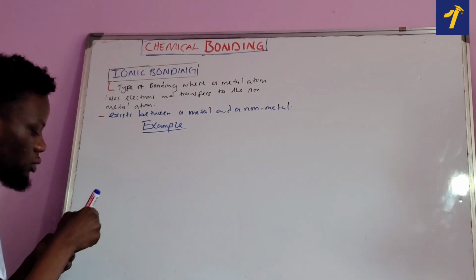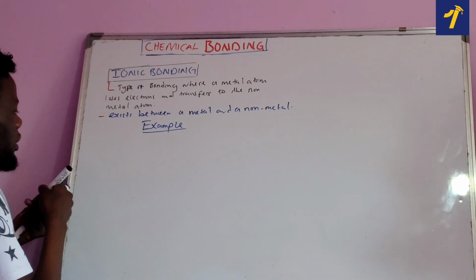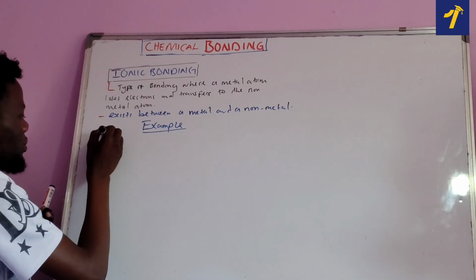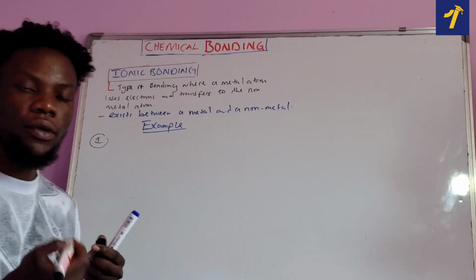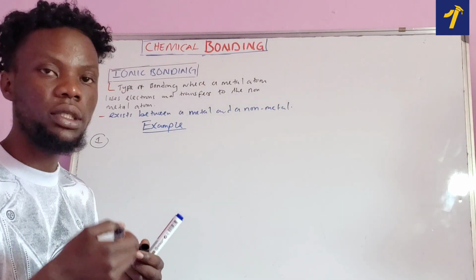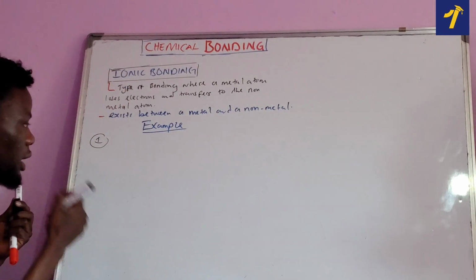They are going to ask you to show the first good example. Let us start with what? They are going to ask you to show the ionic bonding that exists between different atoms like this.